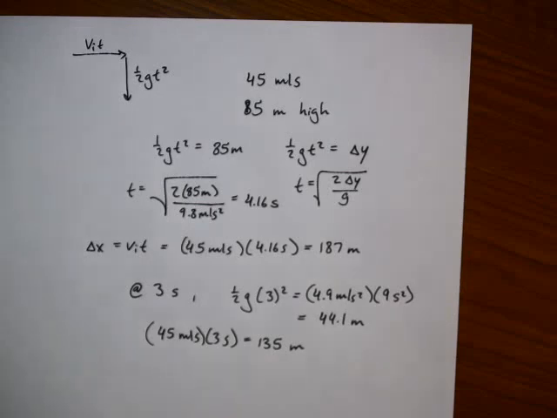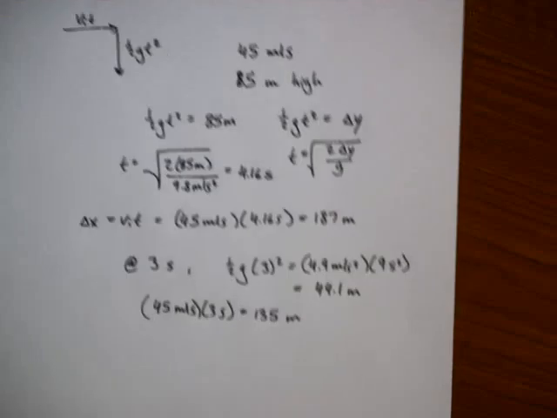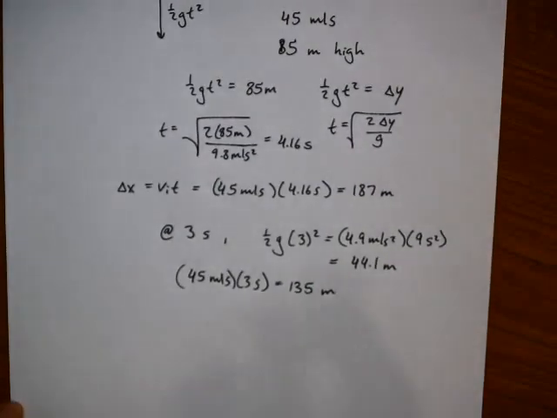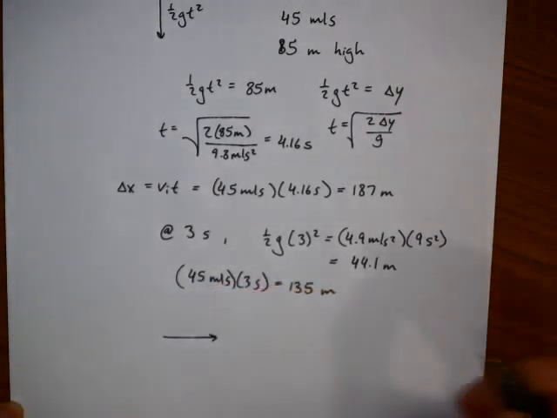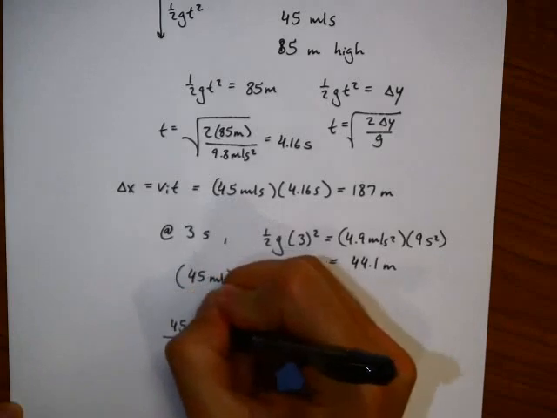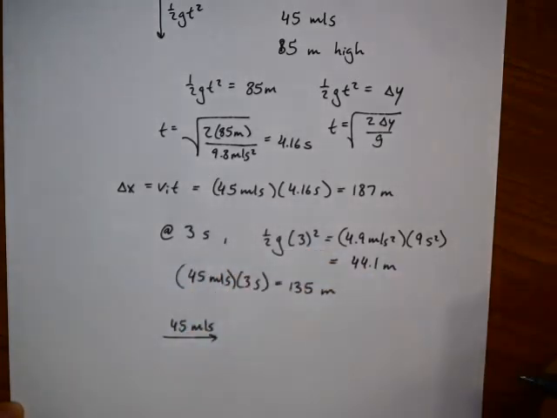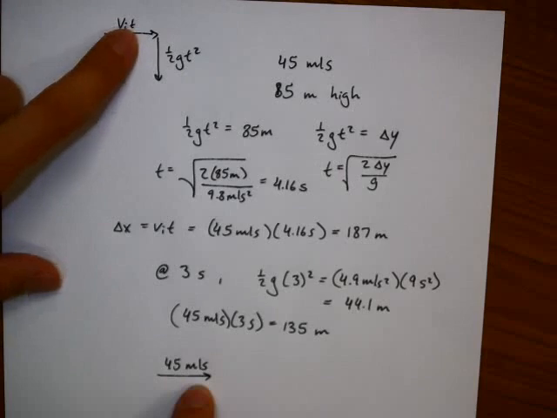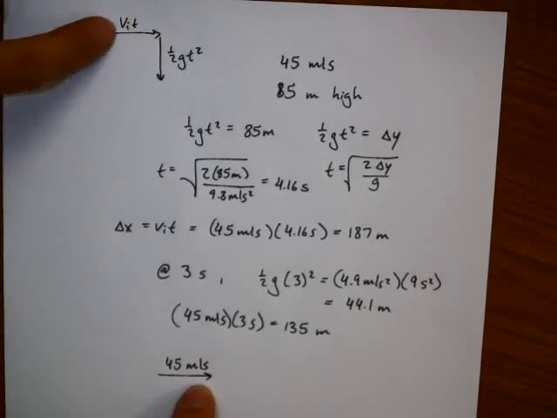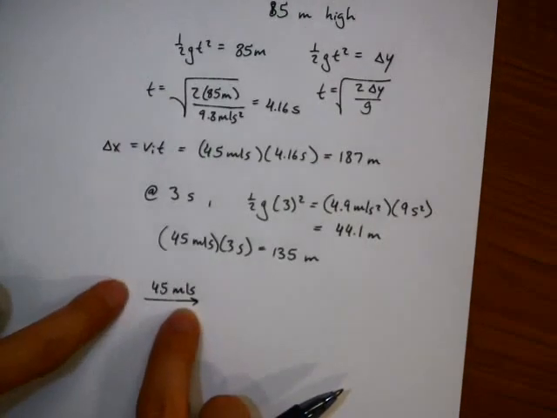How about this? What is the object's speed right before hitting the ground? Well, we know that the horizontal speed is 45 meters per second. This vector is not the same as this vector up here. Notice the VIT is a displacement and this is a velocity.